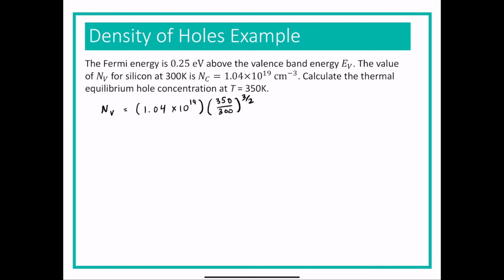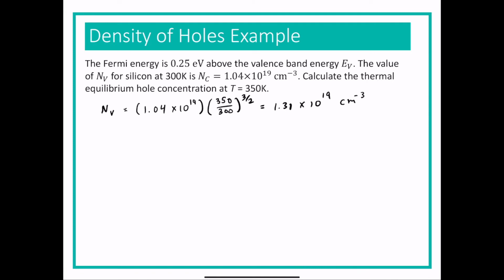I could go back to the original constants and do the whole thing again and just plug in 350, but you don't have to. You can just know that they're related by temperature to the 3/2 and adjust it accordingly. When we do that, the new value we get is 1.31 times 10 to the 19 per cubic centimeter.